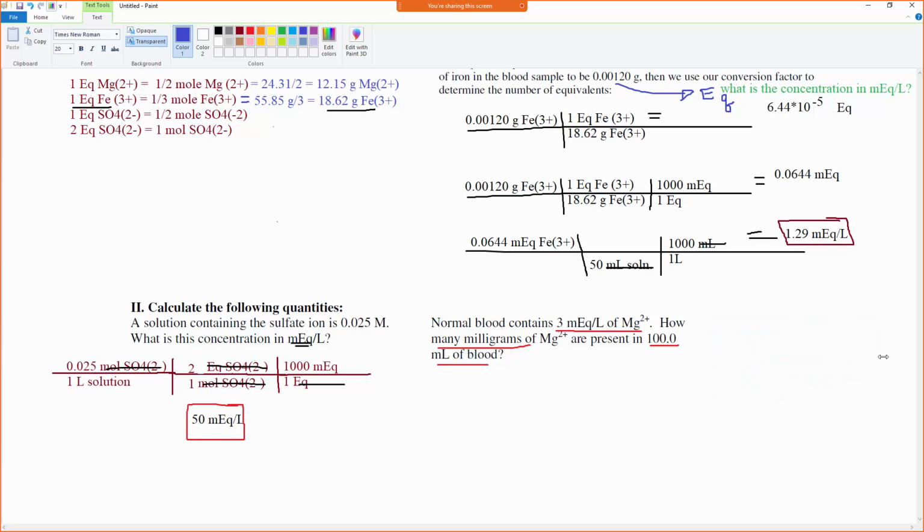What they didn't tell us is what equivalents are, but we know what equivalents are, right? Yes, Sarah, we're also going to need that there's 1,000 milliliters in 1 liter. And for magnesium, because it's got a 2+ charge, every 1 mole of magnesium 2+ is equal to 2 equivalents.